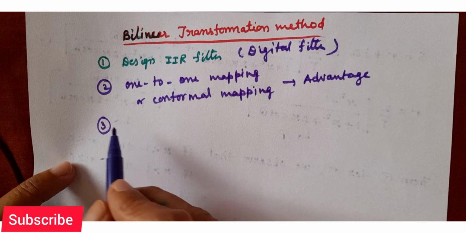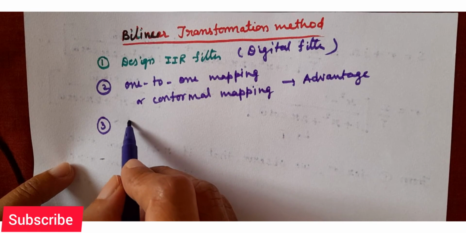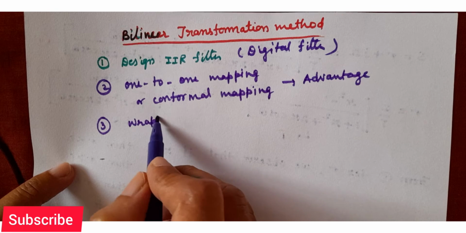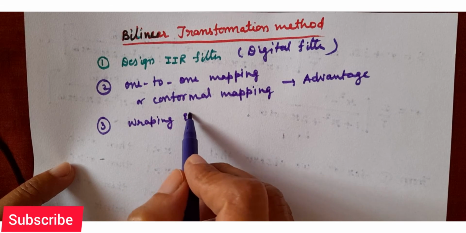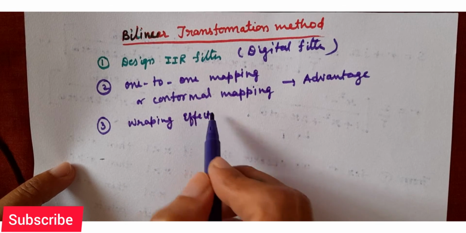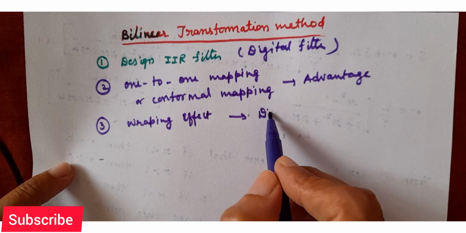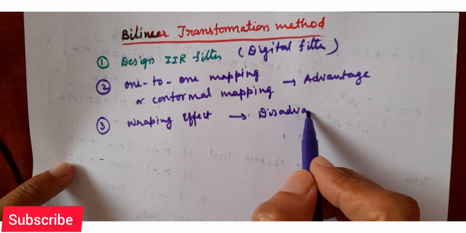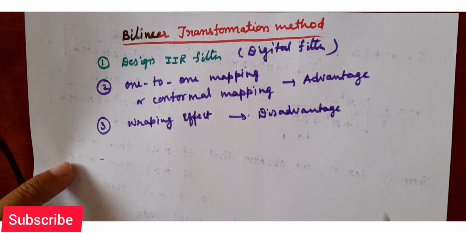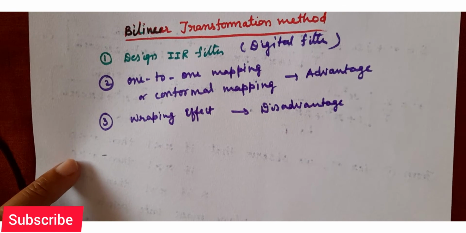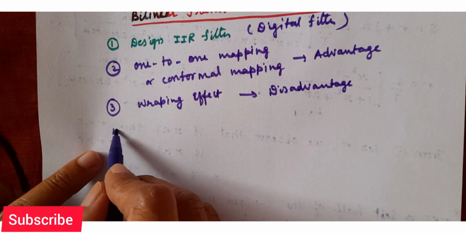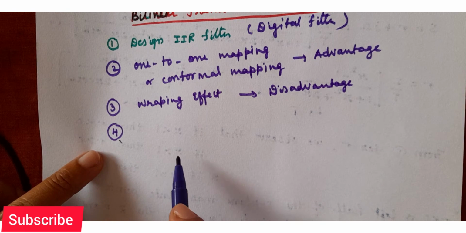The third point, it has a wrapping effect. Wrapping effect is a disadvantage of the bilinear transformation technique. Okay. Fourth point, the important equation.